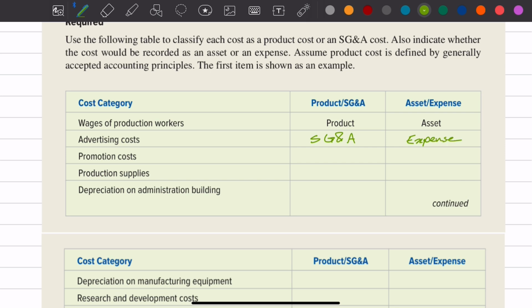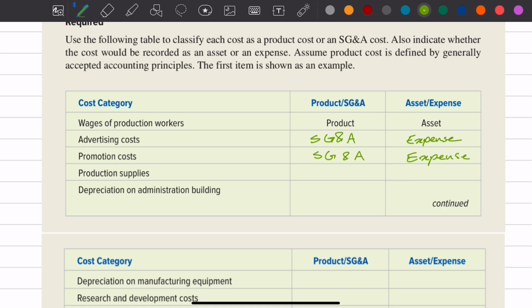Okay. For the next one, promotion cost, similarly to the advertising cost, this is also an SG&A cost, and it is also an expense.